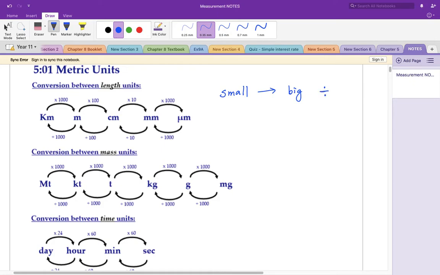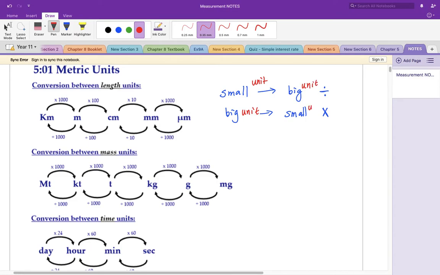When you change from a big unit to a small unit, here we're not talking about numbers, we're talking about the units, right? You multiply. So I'm just going to add unit at the end so that it doesn't confuse anyone. So what's a big unit?